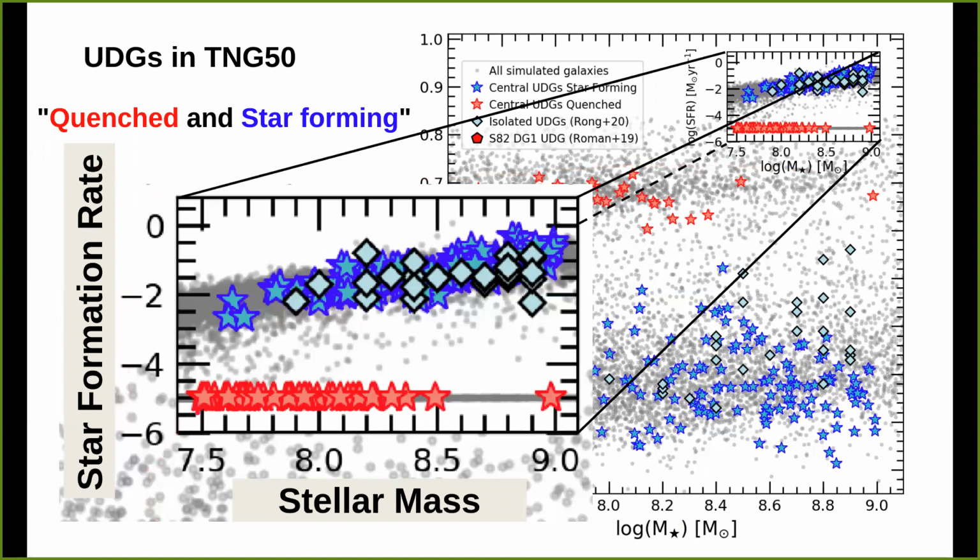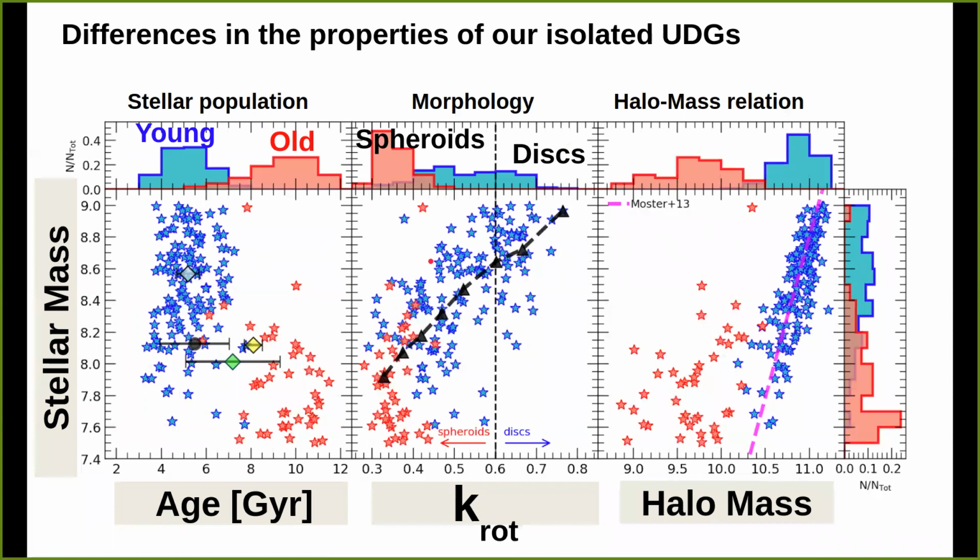where the red UDGs appear like quenched galaxies, and the blue UDGs are located in the main sequence of the distribution. These two populations of UDGs separate in other properties as well.